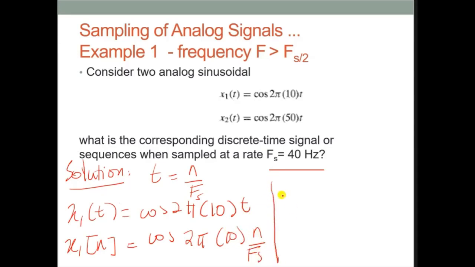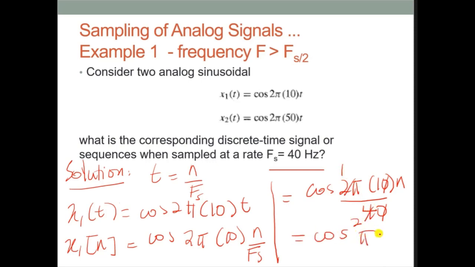So we have here cos 2 pi times 20 n over 40. So you cancel this out, and you have cos pi n over 2. So that is your x1(n).